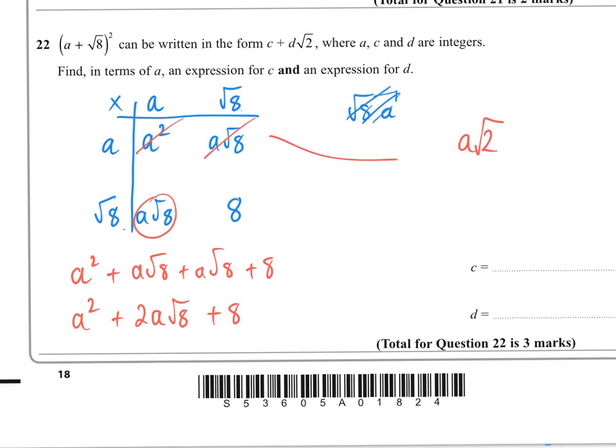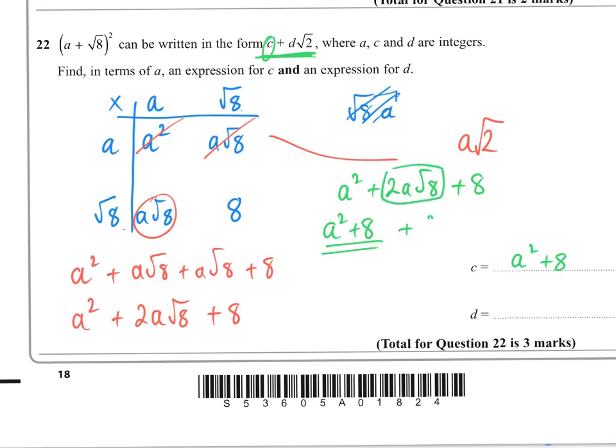Now the interesting thing about this question is it wants it in this form. So if we take a squared plus 2a root 8 plus 8, we can put the a squared plus 8 in front, and I would reckon that would be our value of c. Now we're just going to look at this part here, 2a root 8. Well, we know that root 8 is root 4 times root 2, so that is 2 root 2.